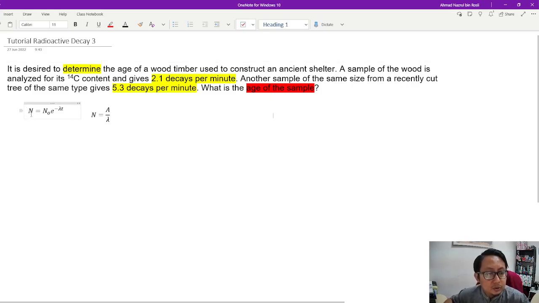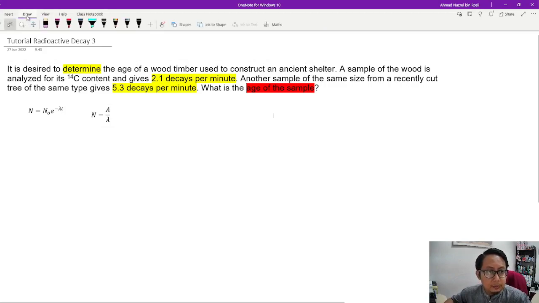Now the equation that we use is N equal to N naught exponential minus lambda t. Lambda is the decay constant, and N is equal to A over lambda, where A is the activity and lambda is the decay constant.